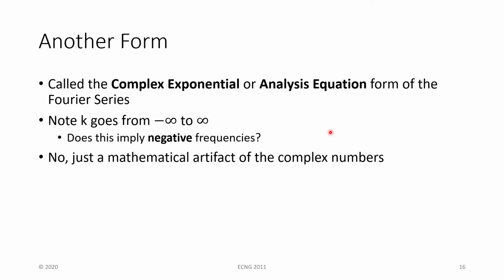And that's the only reason for k going from negative infinity to positive infinity. When you actually apply the equation, you will not be bothering with the negative coefficients. You'll be starting from k equals 0 and going towards positive infinity, or to some set value of k as required in the questions.